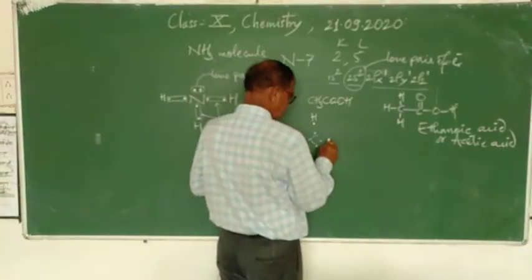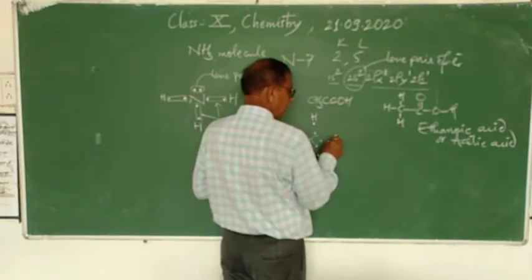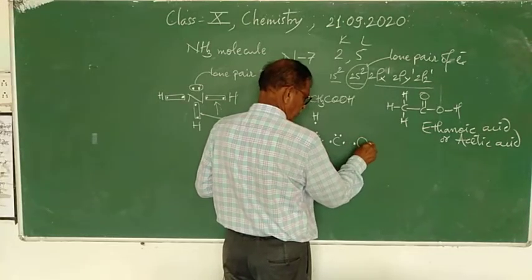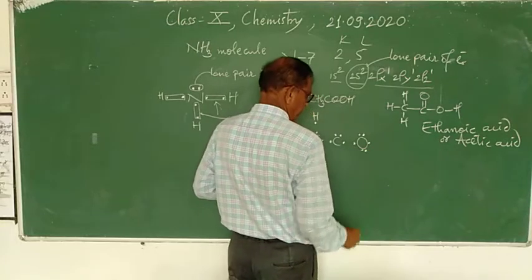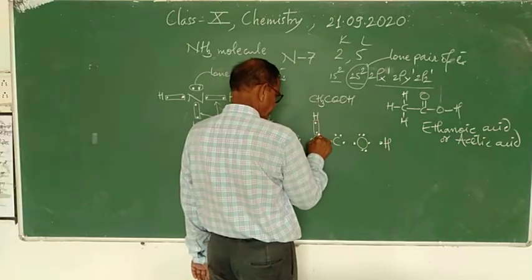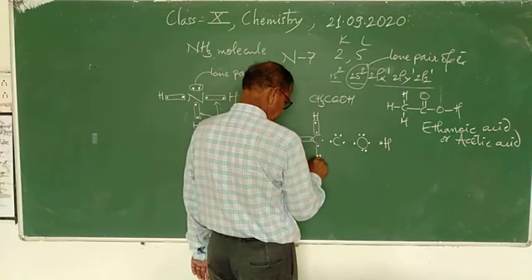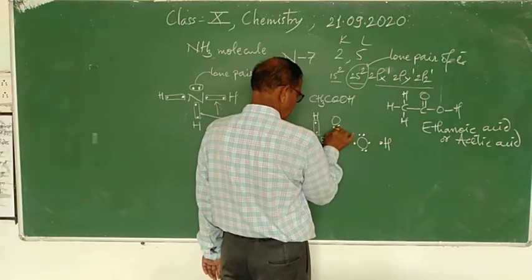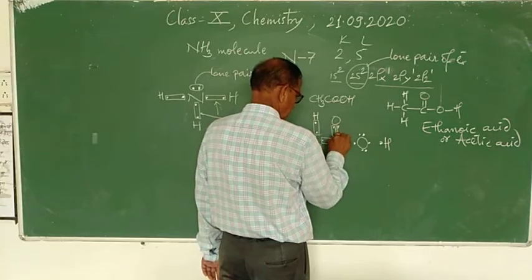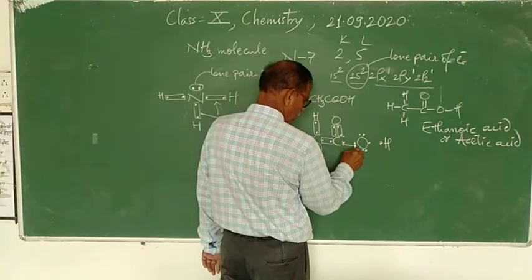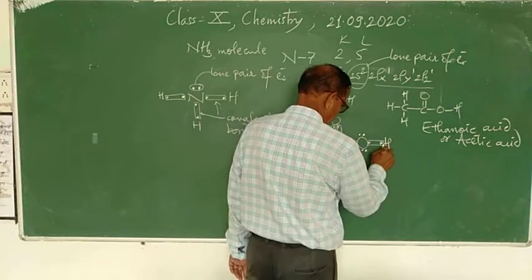Then again there is a C with 2 unpaired electrons, and oxygen has 2 lone pairs of electrons, and H. So CH3 single bond C double bond OOH, acetic acid.